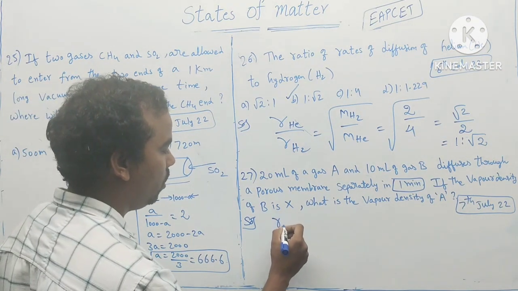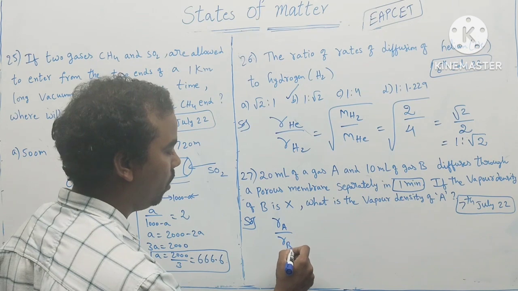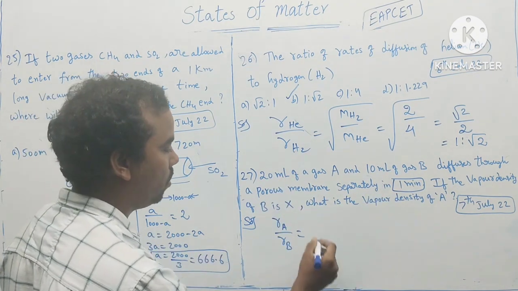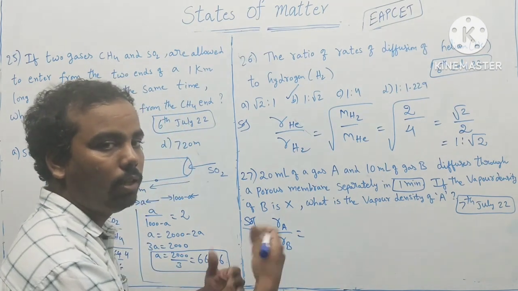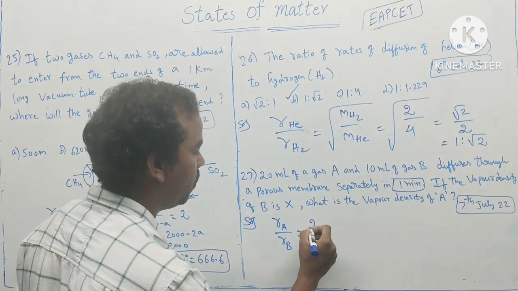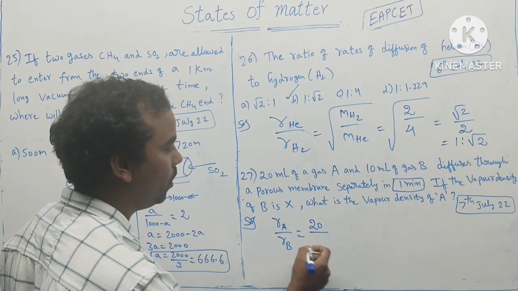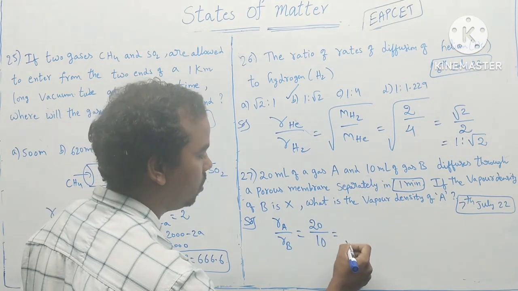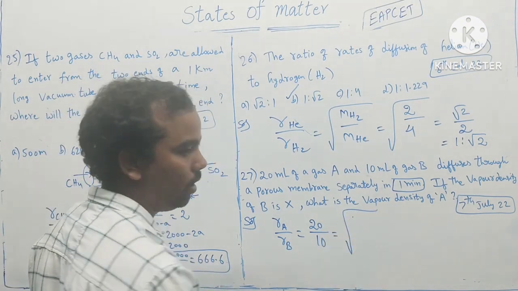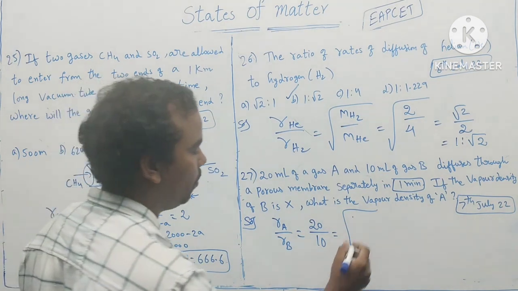R A by R B is equal to, here the volume and time are given, so volume by time. The volume of gas diffused in a particular time is called the rate of diffusion. So the volume is 20, time constant. That's why 20 by 10 is equal to the square root of the vapor densities. Rate of diffusion is inversely proportional to vapor density.